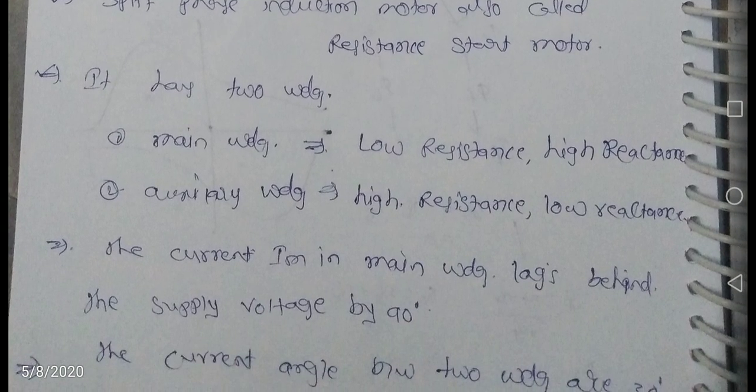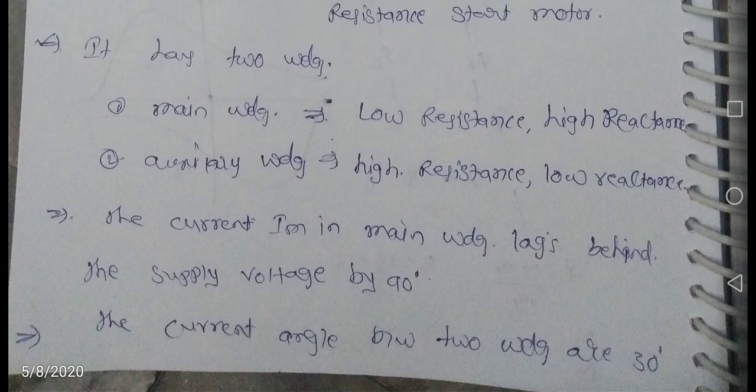The current Im in the main winding lags behind the supply voltage by 90 degrees, because the current in the main winding is inductive in nature. The current angle between the two windings is 30 degrees.